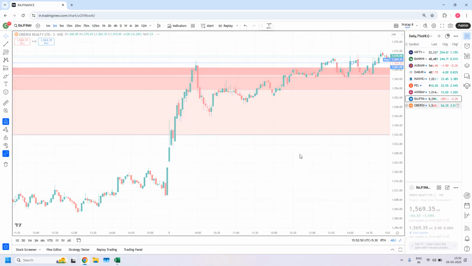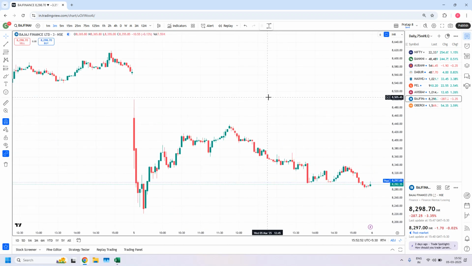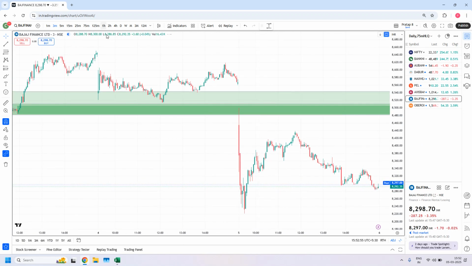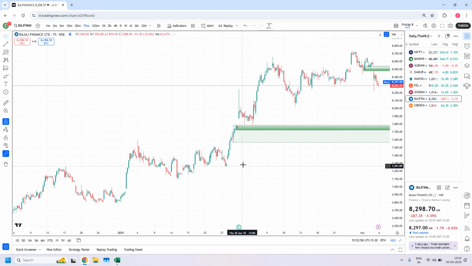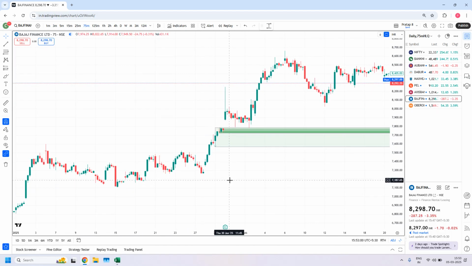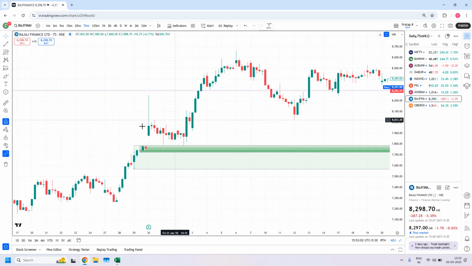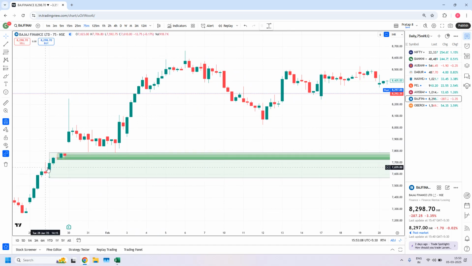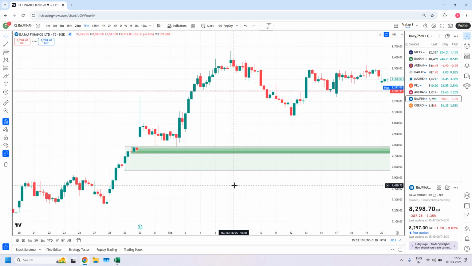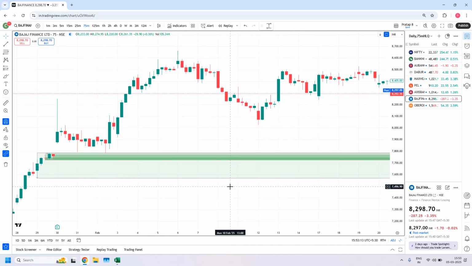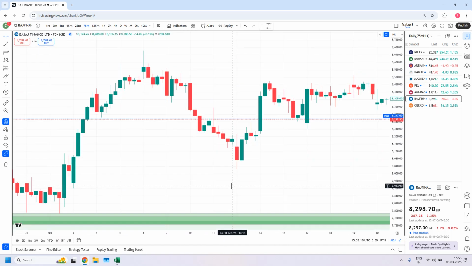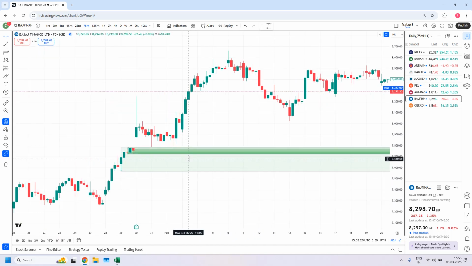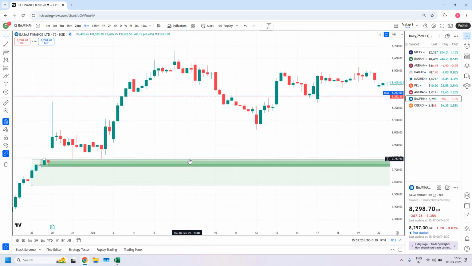So what is that? Is it Bajaj Finance? Yes, Bajaj Finance. Bajaj Finance is a 75 minutes demand zone. Something, I think, rally 1, 2, 3, 4, 5, 6. No, something wrong here. Oh, we identified this.